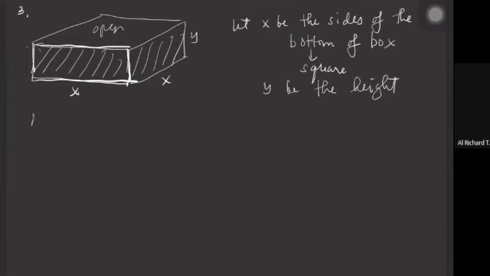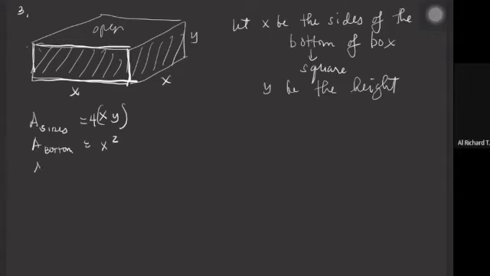And so the area of the sides would be x times y times 4, right? And the area of the bottom part, because it's open at the top, is simply x squared.